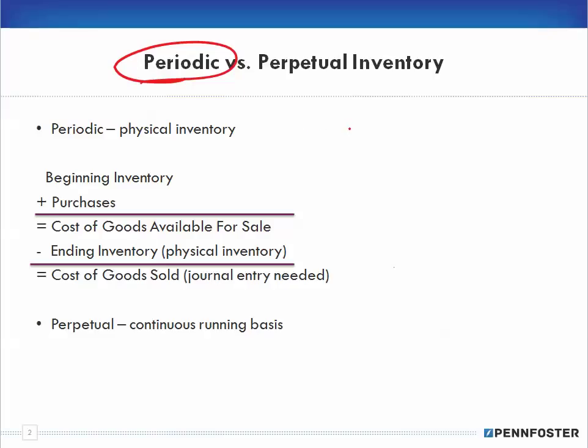He buys a package that has 10 items in it, and he only takes out 2 of them, and he throws the rest in the truck, and then he has to buy others, so it's a little bit difficult to keep track. So it's better just to do a physical inventory at the end of the accounting period to see how much is in there, see what the value of the inventory is, and then you adjust it accordingly.